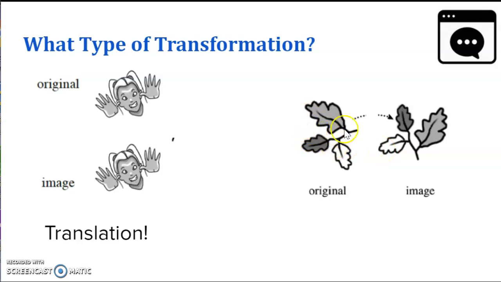So the orientation has changed. Is it translation, reflection, or rotation? Which one is it? What do you think? Tell me in private chat. The correct answer is rotation. It's as if there is a point of rotation somewhere about here, and you are moving it clockwise from here to there, making a circle, just like the rotation transformation that we saw.